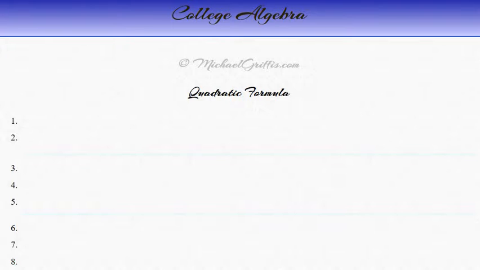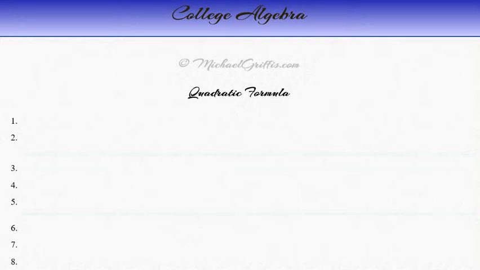Okay, so let's take a look at an example. Now we're going to start with something general, and that is what the quadratic equation looks like in general. By completing the square in a general setting, we will obtain the quadratic formula.